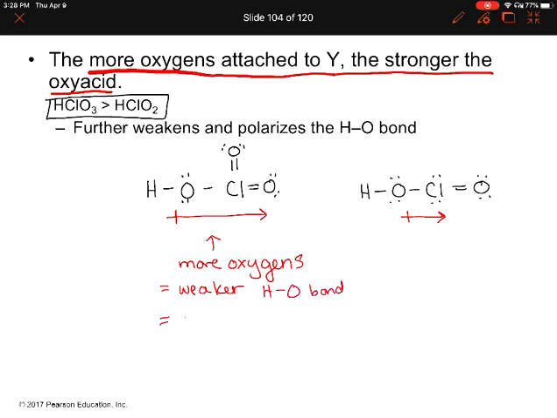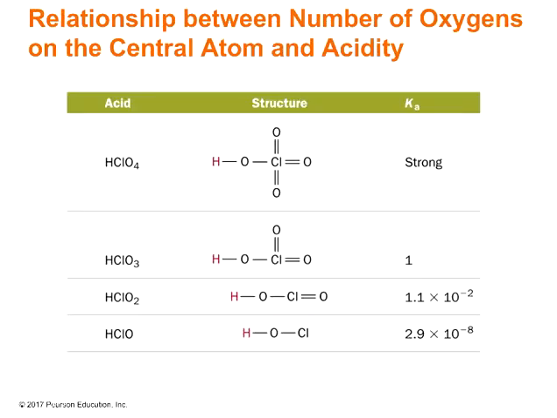And that means that we have a stronger acid. Okay. And then your textbook has another table showing the trend in the number of oxygens versus acid strength. So you'll notice that as the number of oxygens on chlorine is increasing, the acid strength is increasing.